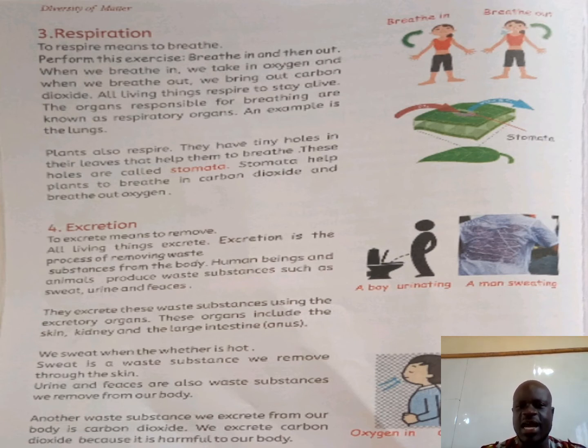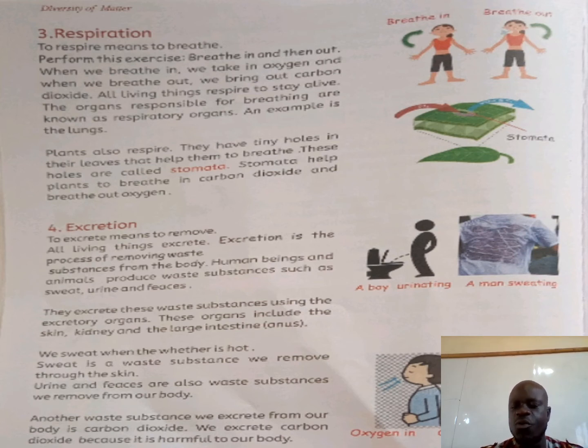Perform this exercise. You breathe in, you breathe out. You breathe in and breathe out. When we breathe in, we take in oxygen. And when we breathe out, we bring out carbon dioxide. All living things respire to stay alive. The organs responsible for breathing are known as respiratory organs.